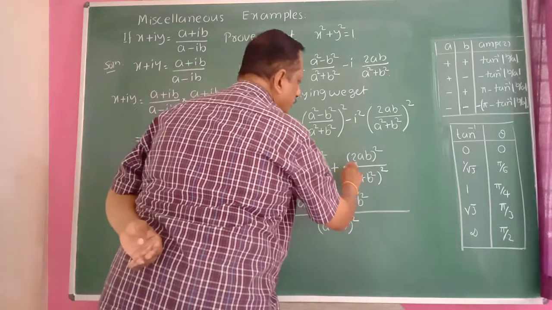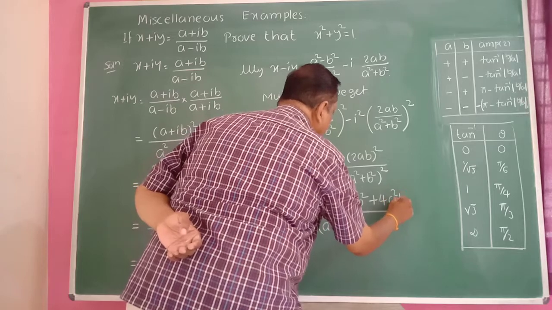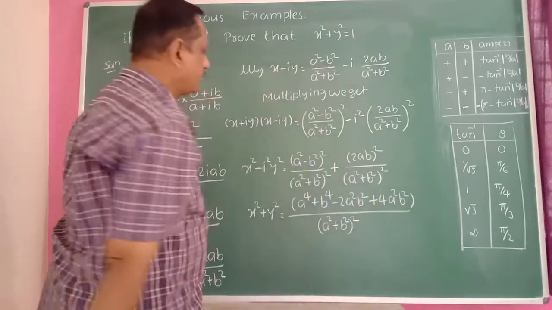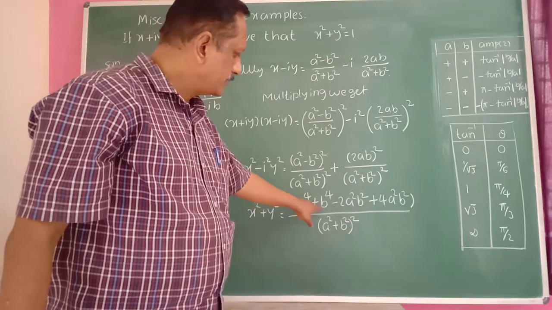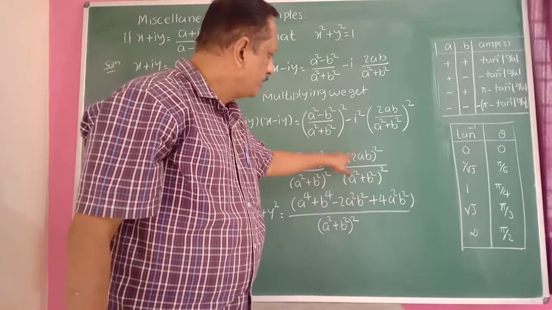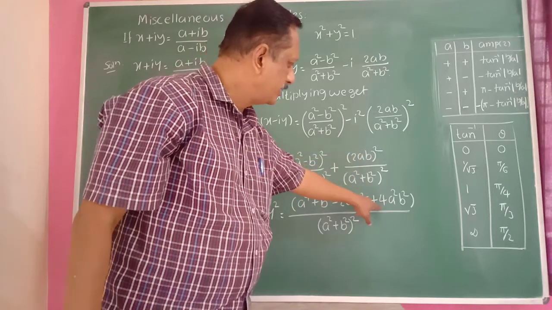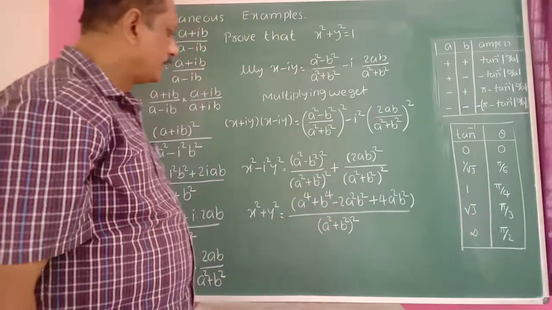Then plus 2ab whole square gives 4 a square b square. Okay, a square minus b square whole square gives a raised to 4 plus b raised to 4 minus 2 a square b square. And complete this term square. 2 squared is 4 here into a square b square, and the denominator term here is the LCM here.